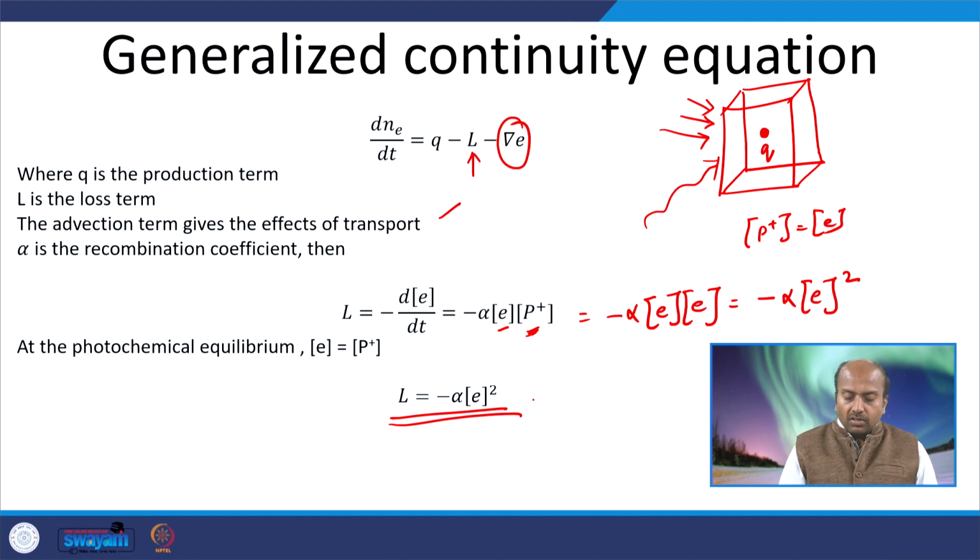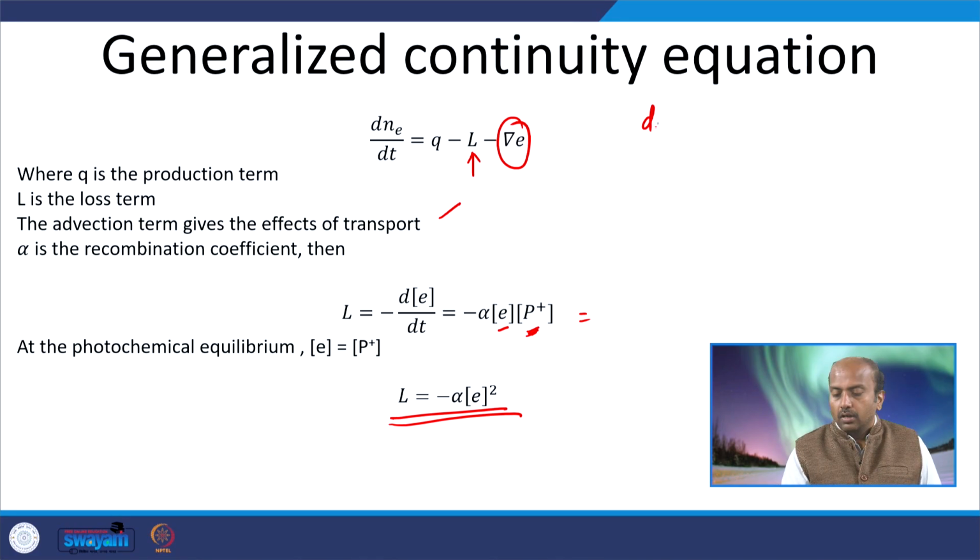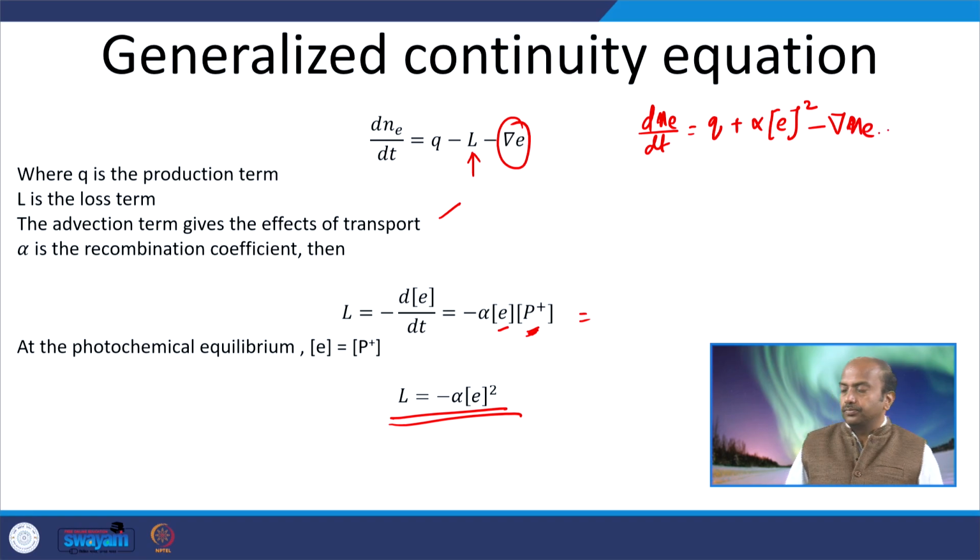So, the loss term is equal to minus alpha times E square. So, we can substitute that into this term and write the continuity equation as dNE by dt is equal to Q plus alpha E square minus del NE.